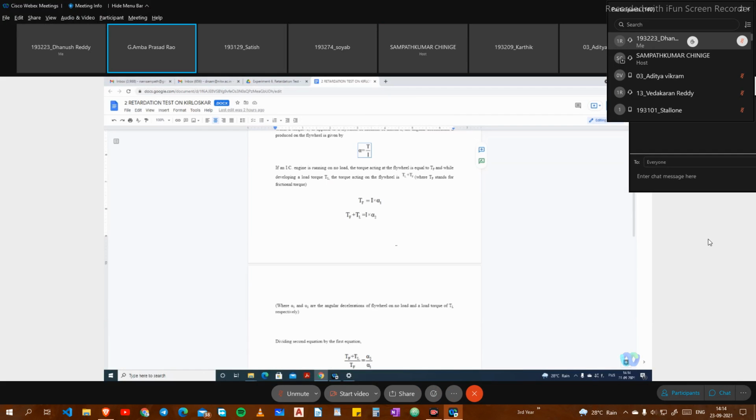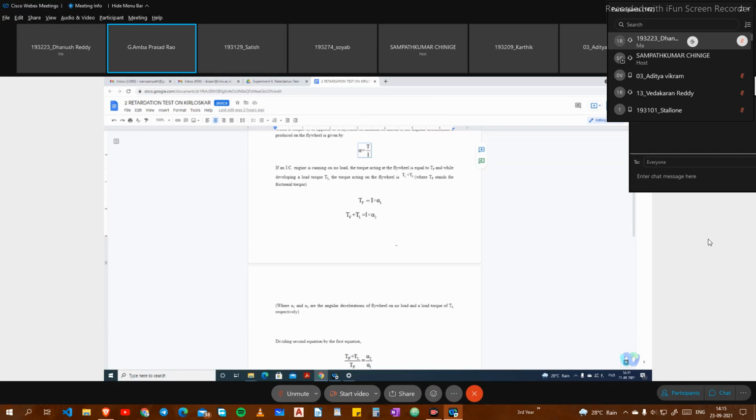We cut off the fuel supply and observe the time taken for the fall in speed from 1500 to 1400, from 1400 to 1300, 1300 to 1200, 1200 to 1100, and 1100 to 1000. The fall in speed is observed on the tachometer, the inner dial in the DC shunt dynamometer setup. At the same time, we also switched on our stopwatch.